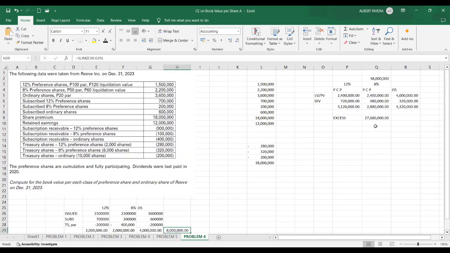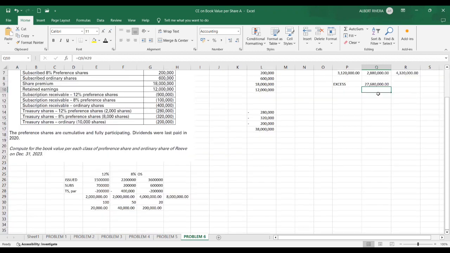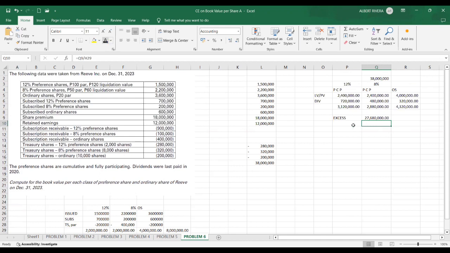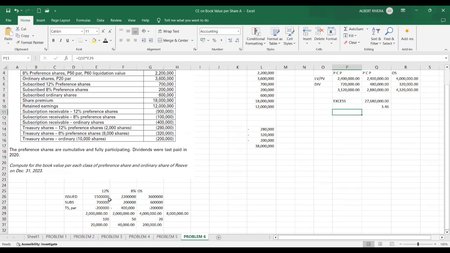Okay? So this is 27,680 million divided by 8 million aggregate par. So the allocation factor is 3.46. 3.46 times the aggregate par of preference 12%, which is 2 million.